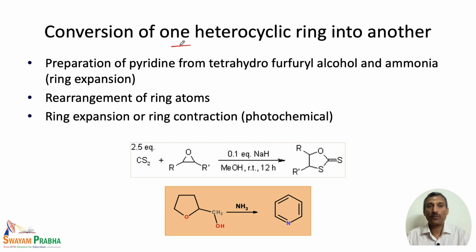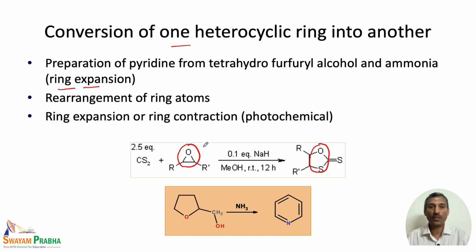The next type of reaction is the conversion of one heterocyclic ring into another one. Here we have an oxygen heterocycle. This oxygen heterocycle is converted into an oxygen and sulfur heterocycle. So, this is basically carbon disulfide reacted with an epoxide in the presence of sodium hydride, that is a base, which leads to the formation of this cyclic system. And here the ring expansion takes place.